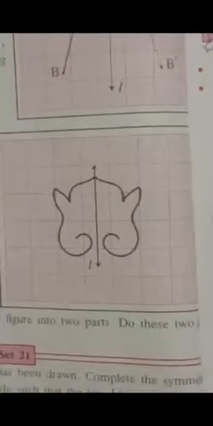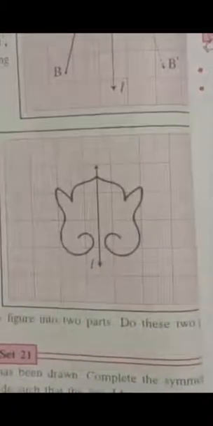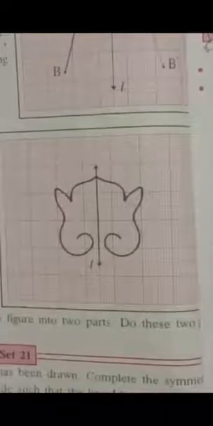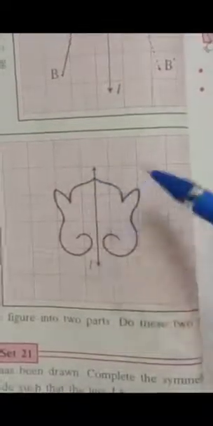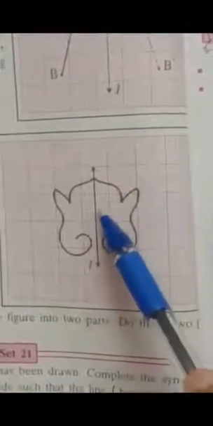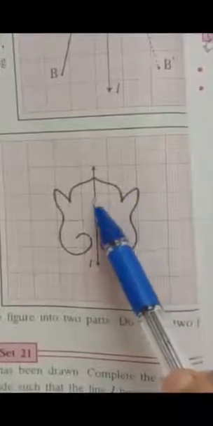Again we have to check whether this part falls exactly on the other part. It is very difficult to fold the paper and check, so we will check by counting. Now you can see, children, this is line L. This shape is at 1 centimeter from line L. Now we'll check the other side.